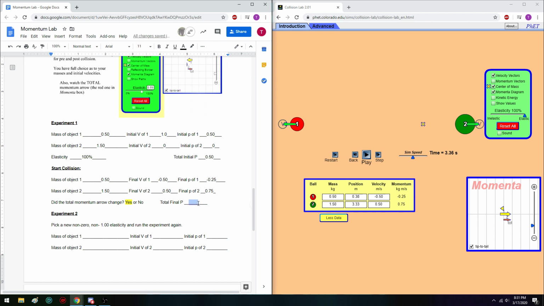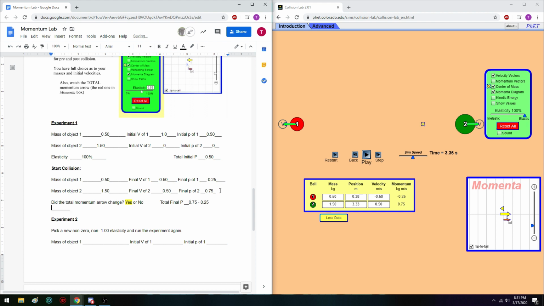What's the total momentum still? Well, we have 0.75 minus 0.25, which will give us a total of 0.50 as our momentum.